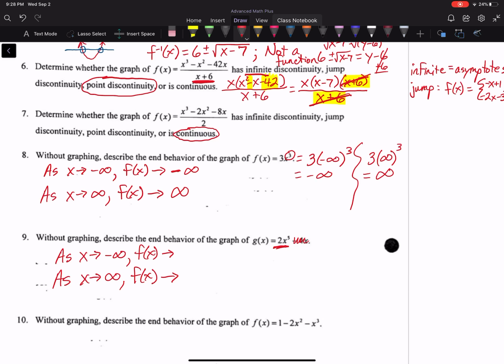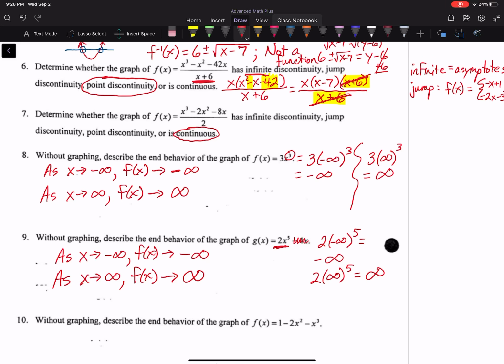One's going to positive infinity, one will be going to negative infinity. We just have to figure out which one. If I plug in negative infinity to the 5th, that stays negative, so that'll be negative infinity. If I plug in positive infinity, that will stay positive infinity.